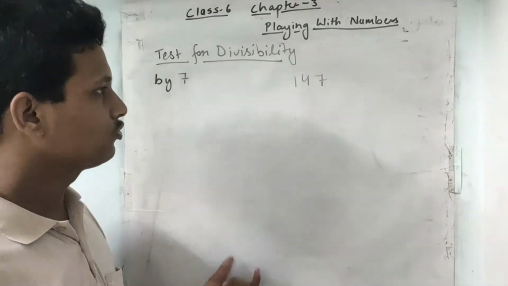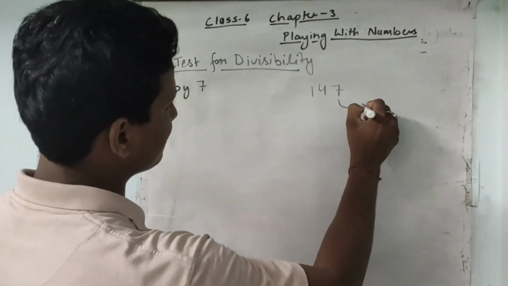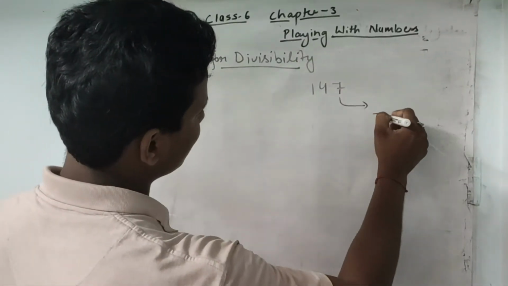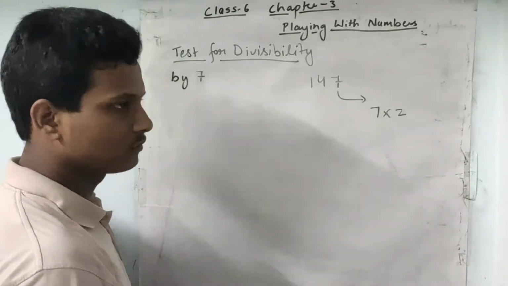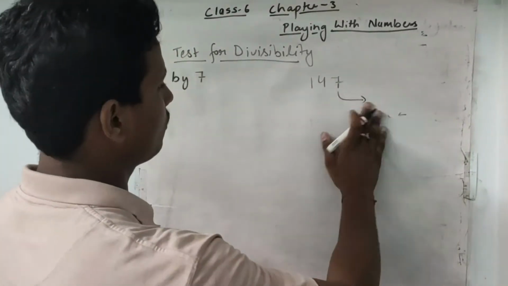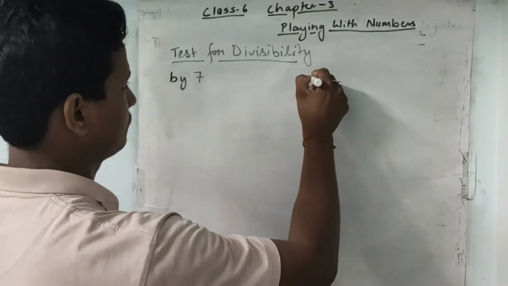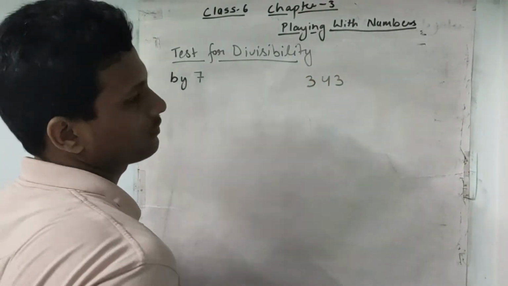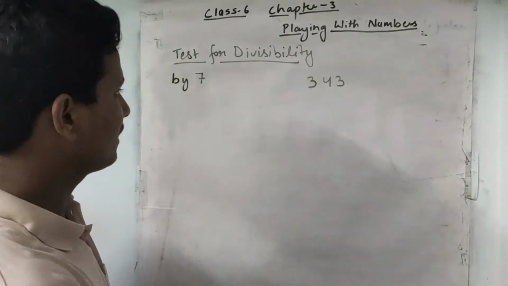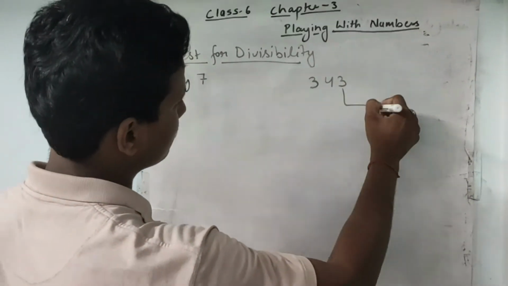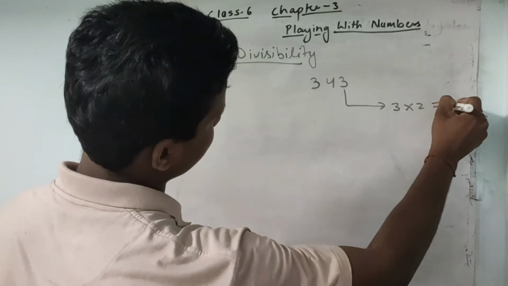Just take out the unit place digit 7, multiply by 2. Or let's take some other value like 343. So what we are saying, take out the unit digit, multiply by 2, that will give 6.